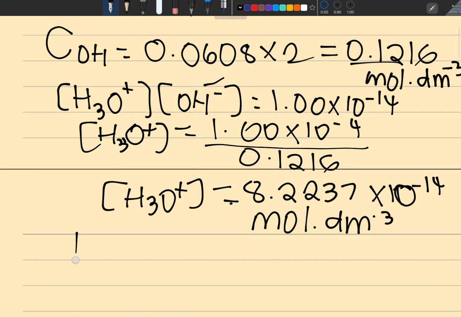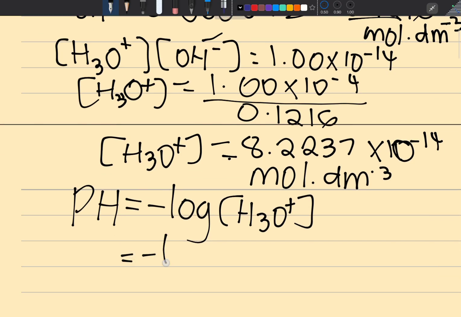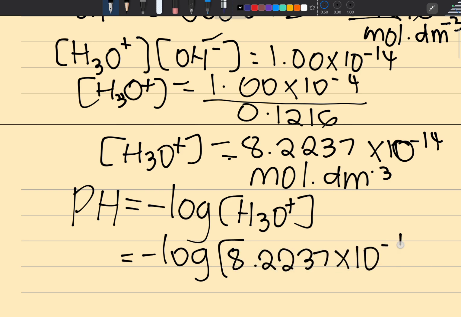And now I'm able to find the pH. pH is minus log of the H3O+ concentration, which is minus log of 8,2237 times 10 to the power negative 14.